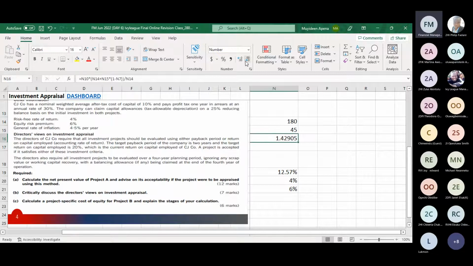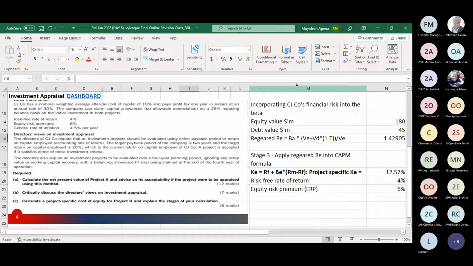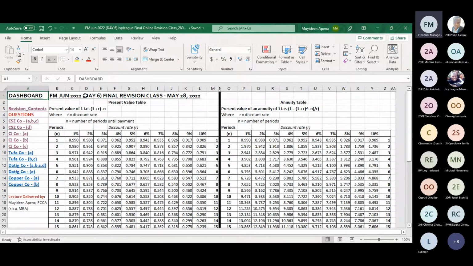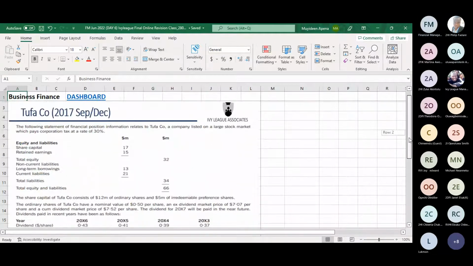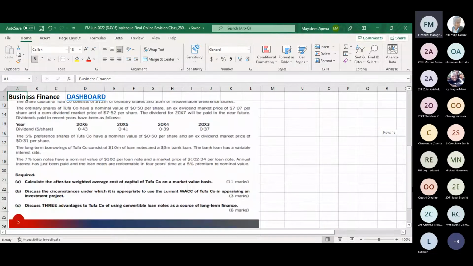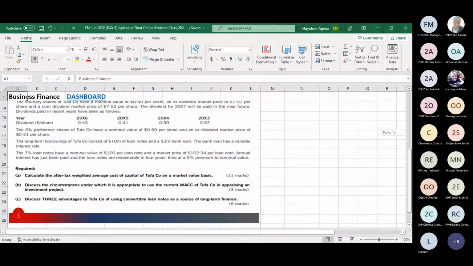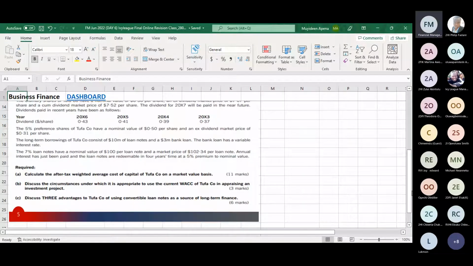If there's no question, we'll move on. Tufako is the next question. This is about business finance. We are required to calculate the after-tax weighted average cost of capital of Tufako on a market value basis.